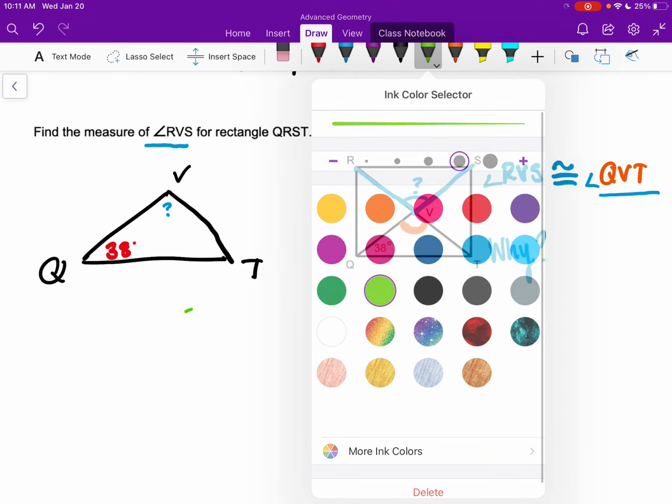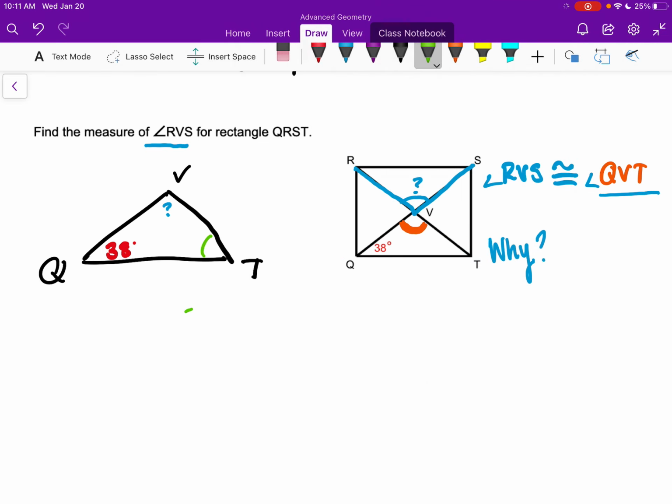Can we figure out this angle T? Yes, we do, because this is an isosceles triangle. These side lengths are congruent because the diagonals are congruent and all pieces of them are congruent. So our angle T must also be 38 degrees.